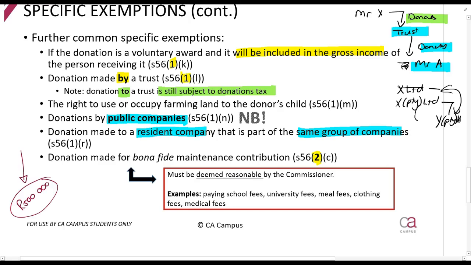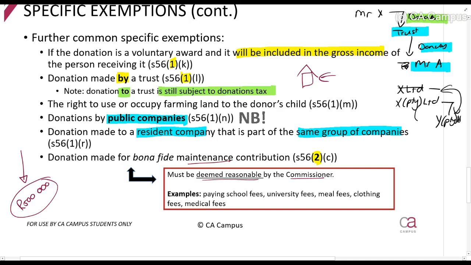Now, what I want you to understand here is that the commissioner must deem it to be reasonable. So what I want you to see is an example. If I have a house, and I say to my child, you can stay in the house for free, that is a donation. I'm giving them the right to occupy property. It is a donation, okay? But it will be maintenance because you're giving a person a place to stay.